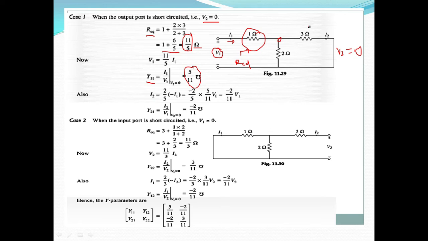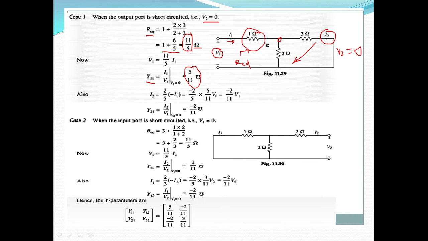Next, we find the parameter I2, which is equal to 2 upon 5, meaning the opposite resistance upon the total resistance into the total current. Here V2 is actually 0, that's why I2 is able to flow once this is acting as the short circuit.